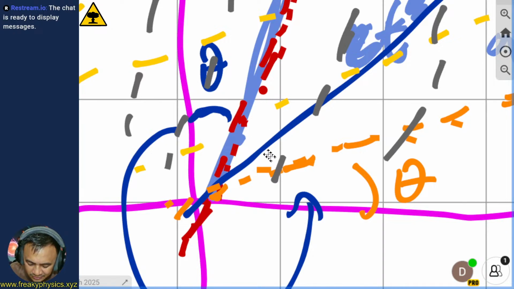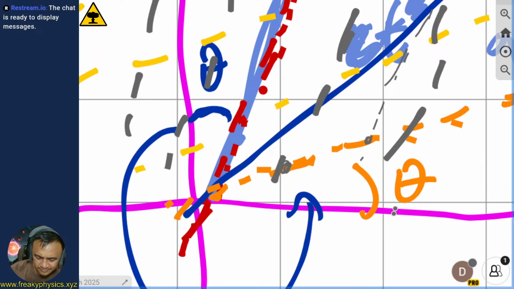Similarly, from here, I didn't draw it very clearly, but if I drew it clearly, it should be somewhere here, something like this. You will see that these 2 points are a bit shorter compared to these 2 points.